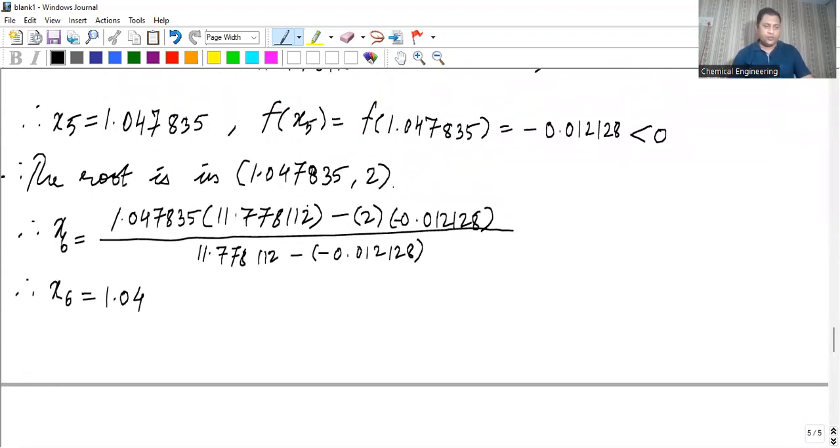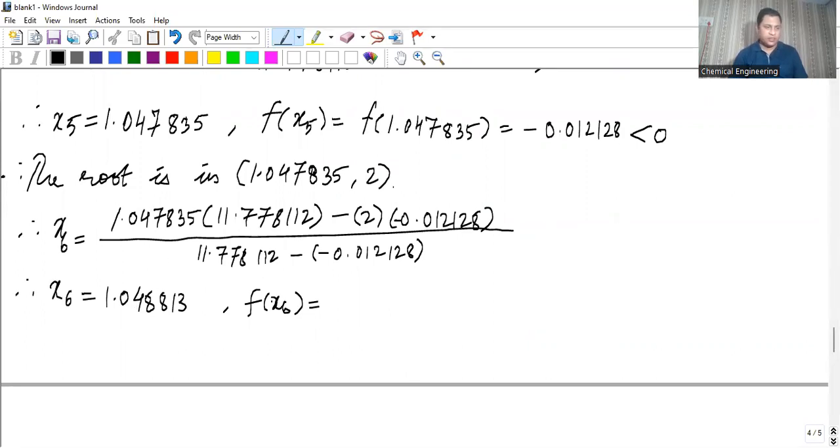1.048813. So f of x6, and then we can have 1.04. Earlier you can see it was 0.47, now it is 0.48.